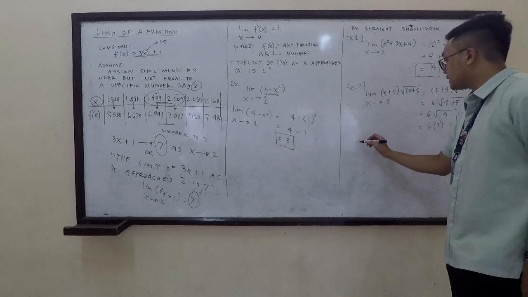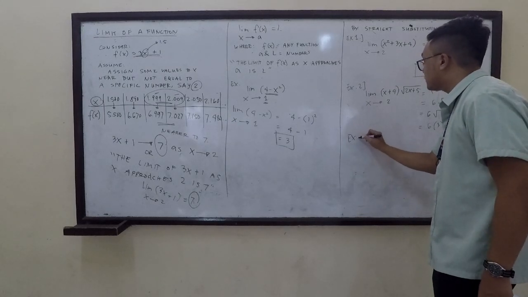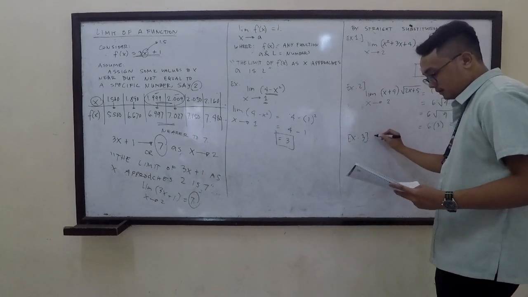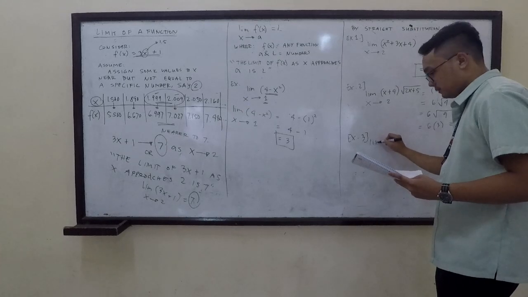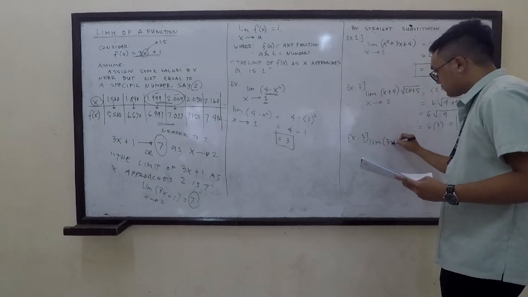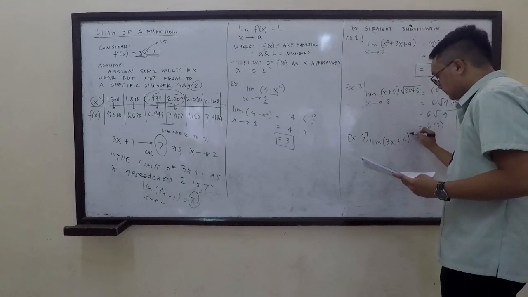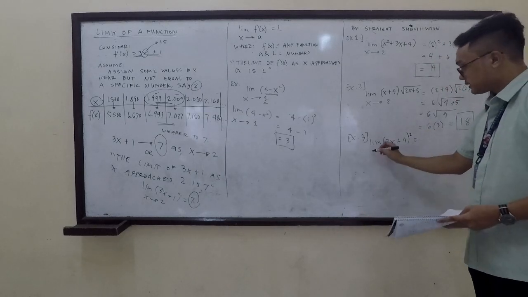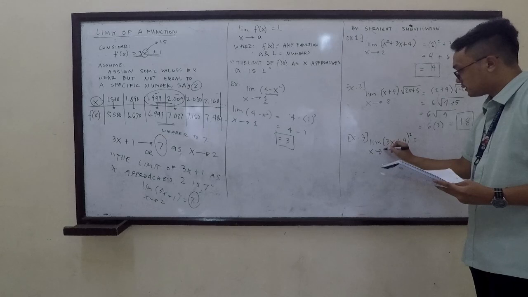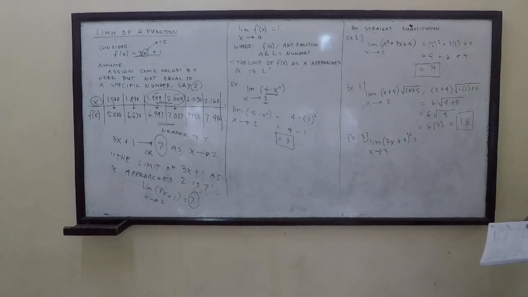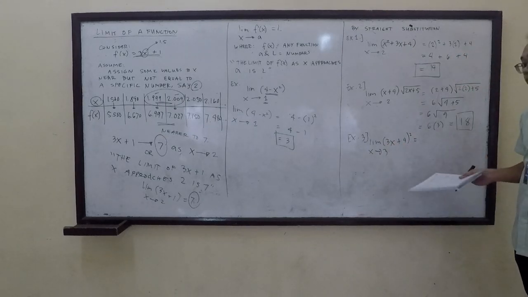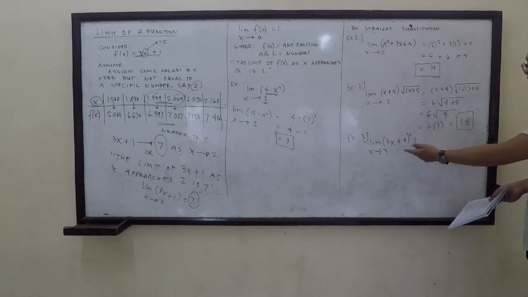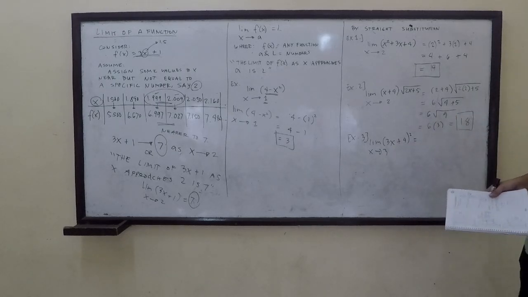Then, example number 3. We are going to find the limit of the function 3x plus 4 squared as x approaches 3.